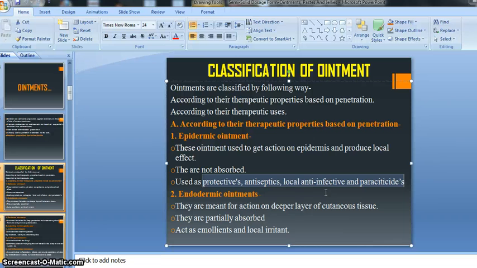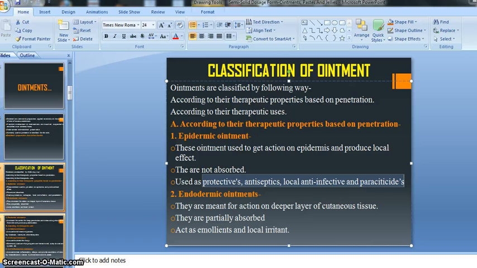As well as antiseptic, then local anti-infective. Inflammation that occurs due to infection, that time also a local anti-infective epidermic ointment is used. Parasites, like virus, bacteria and mold, are another kind of microorganism, and parasites are also responsible for causing skin infection.